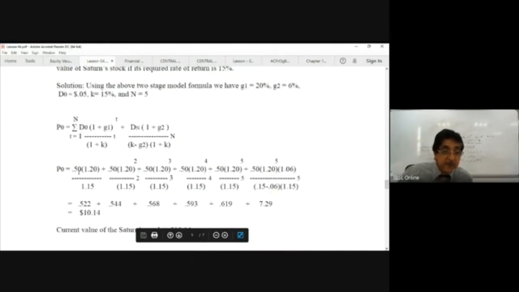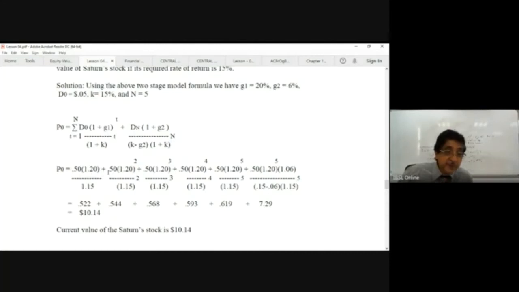Now just look at it. These are the first 5 years, and you do the cash flows and get their present values. This is D0, 0.50 times 1.2, because the dividend growth rate is 20%.